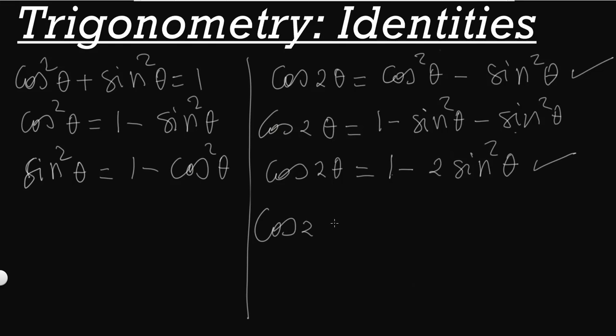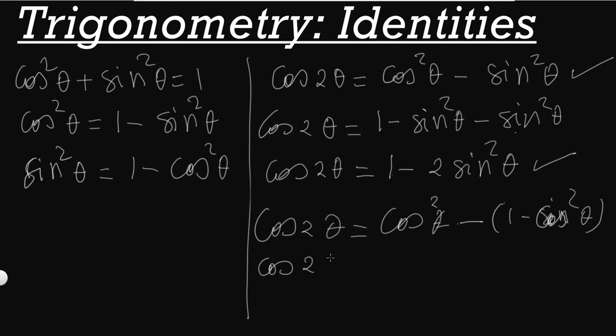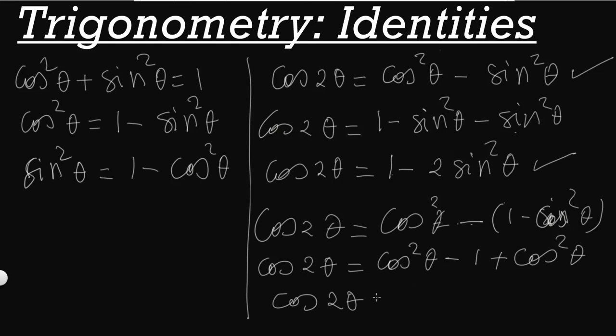So we have cos 2 theta will be cos squared theta minus, we replace here. Remember, there is minus here.